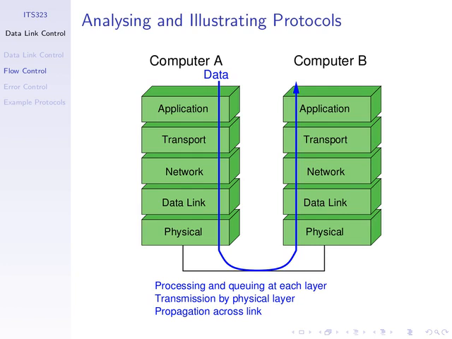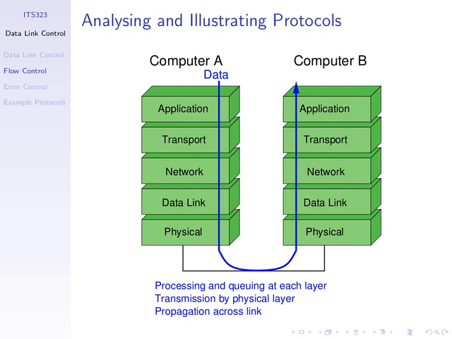At each layer, there may be processing delay. That is, what happens within the application layer happens on your computer. It takes some time. It may be very, very small, but there's some processing delay at each layer. There may be some queuing delay. We saw 2 slides ago that we have some memory. Frames go into memory. They have to wait in that memory for some time. That's queuing delay.